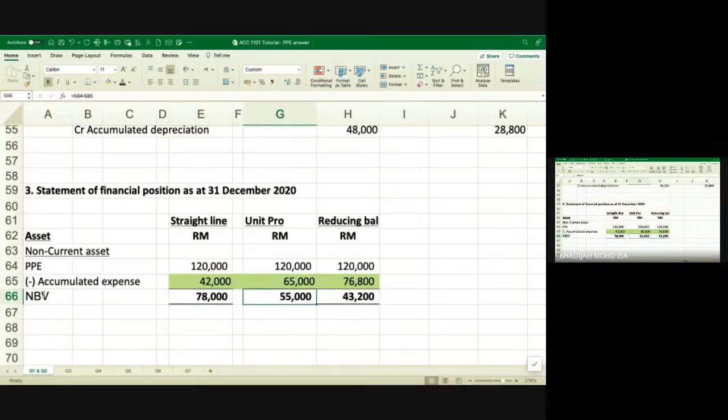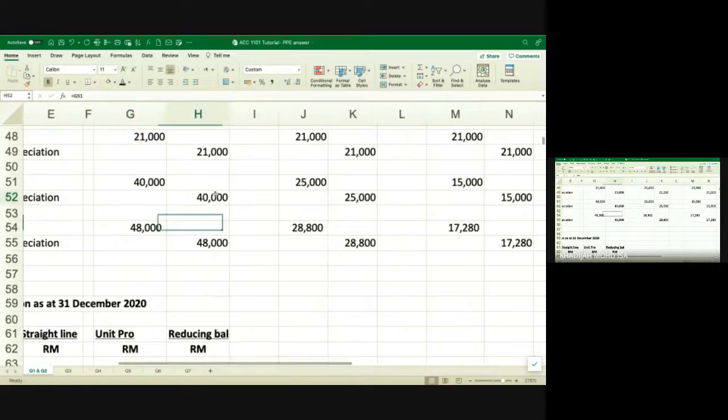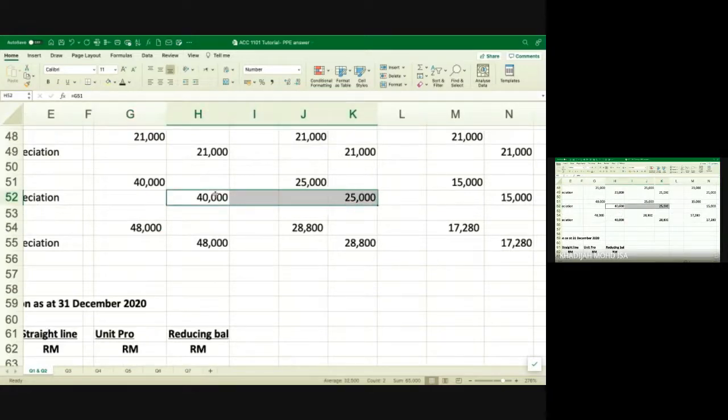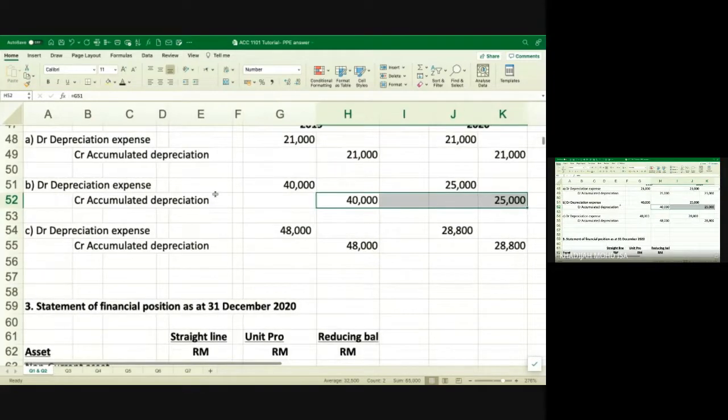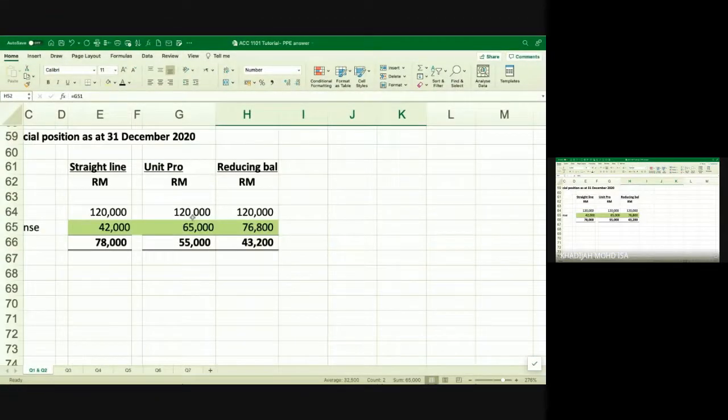For units of production, how do you get that 65,000? Because you have these 2 years, which are 40,000 and 25,000. So that is the accumulated depreciation under the unit of production method. So you have 65,000, and initially it was 120,000, so now you have a net book value of 55,000.